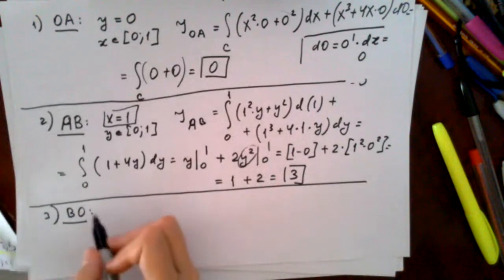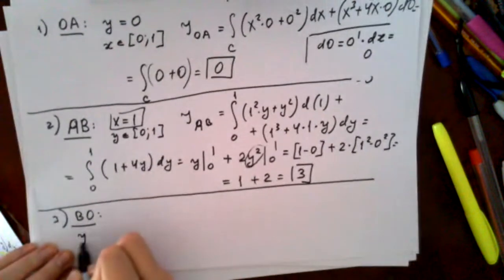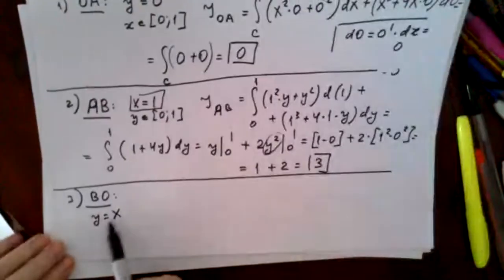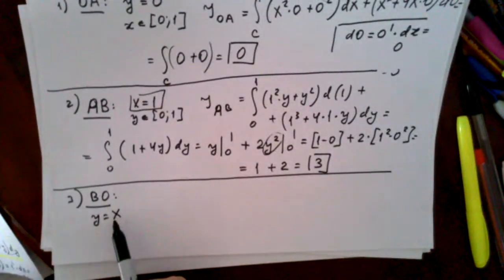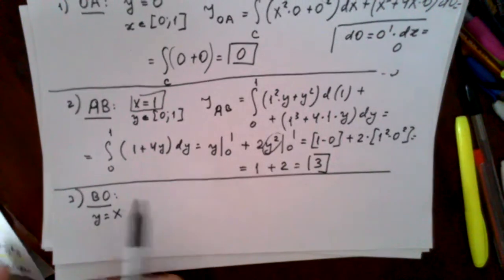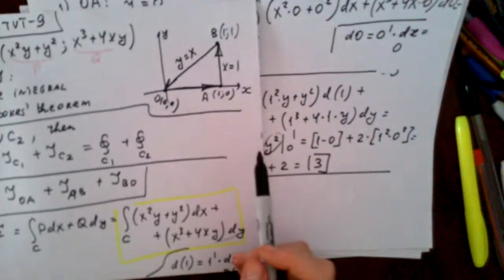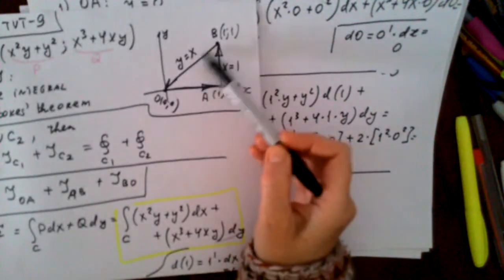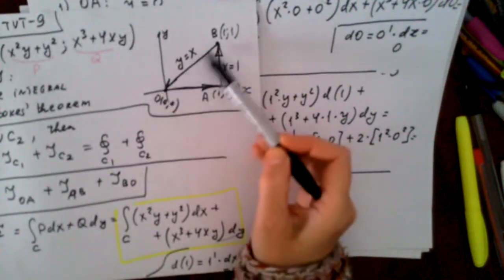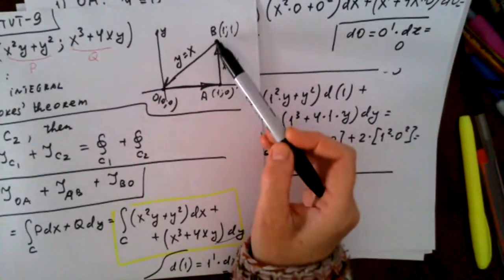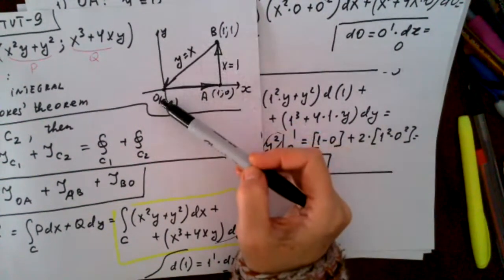That is why we can write down the equation of this segment: y is equal to x. So wherever we see y, we substitute x, which means that we'll be left with one variable, x. After that we will need to figure out how x changes when we move from point B to point O. As you can see, at the start point, which is B, x is equal to 1. At the finishing point, x is equal to 0.